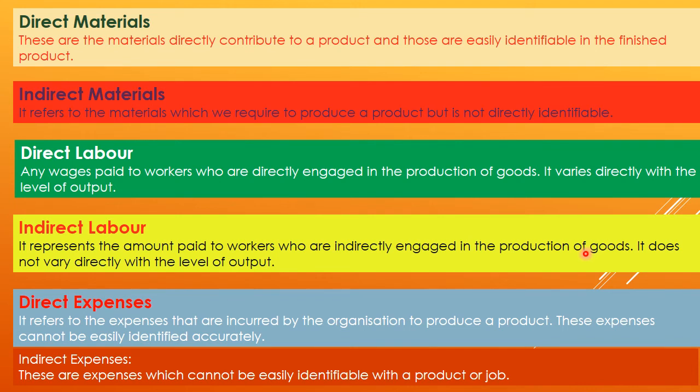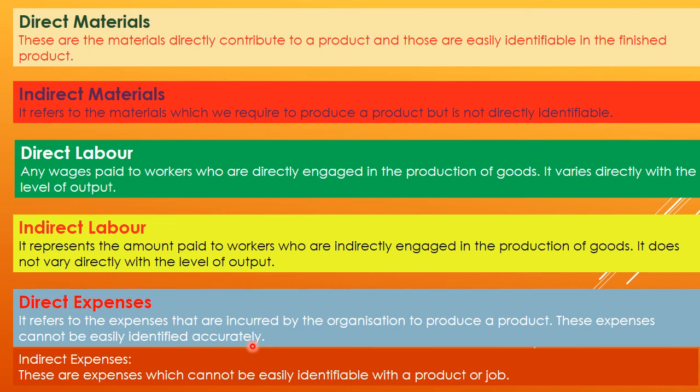And direct expenses. The expenses refer to those that are incurred by the organization to produce a product. These expenses cannot be easily identified accurately. Material and labor we can easily identify from the finished product, but some expenses are there which we cannot identify easily, but it is a must for production.